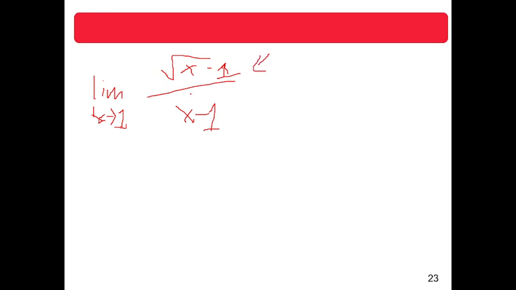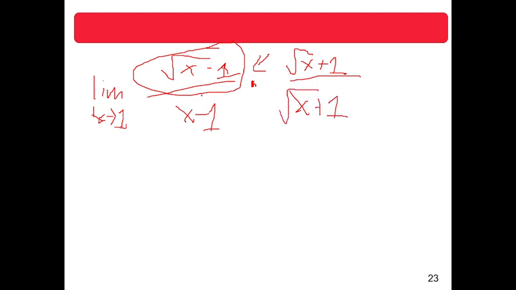We are going to multiply the numerator and denominator by the conjugate of your numerator, which has the radical sign, correct? But it contains a different operation, so all over x plus 1.